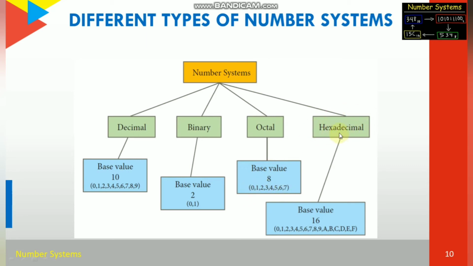And hexadecimal contains 16 values, from 0 to 9 and capital letter A to capital letter F. A denotes 10, B is 11, C is 12, D is 13, E is 14 and F is 15. So in total it has 16 values. Okay, now let us discuss one by one in detail.